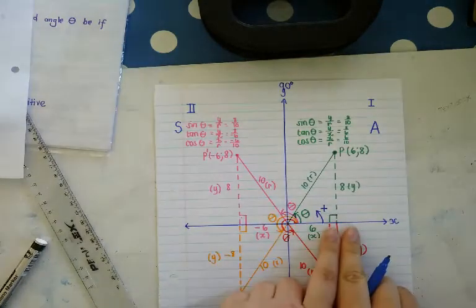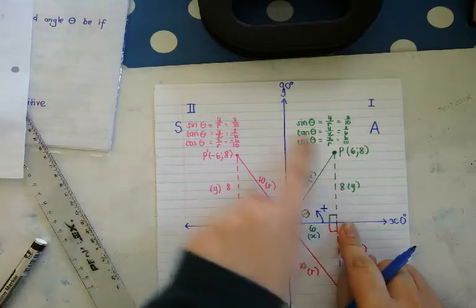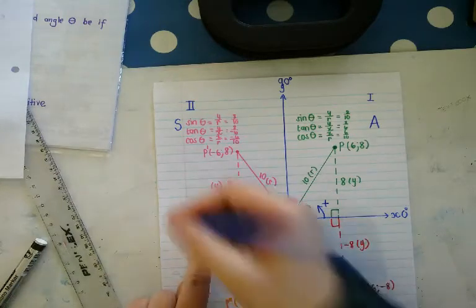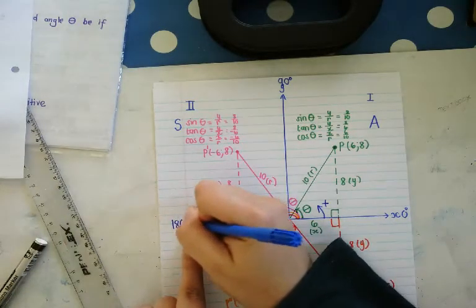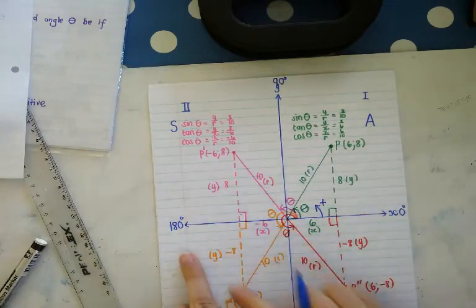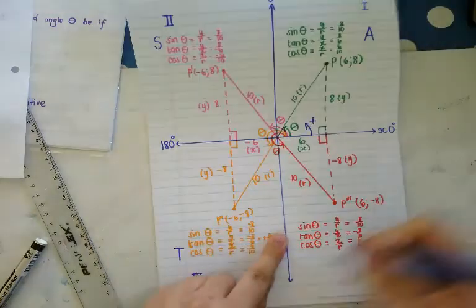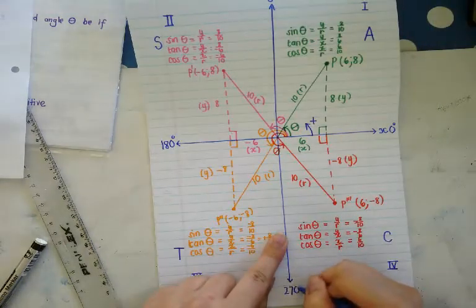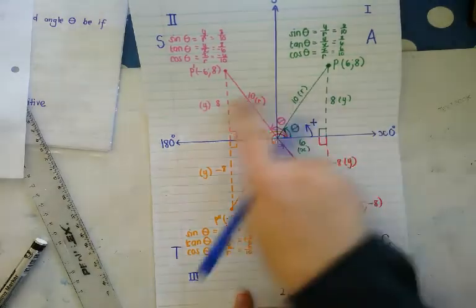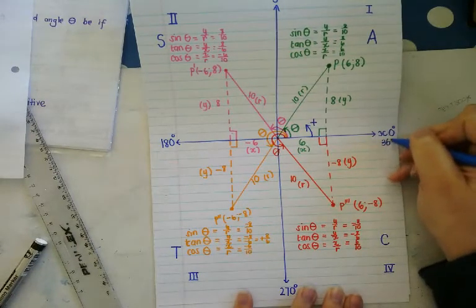If I move from my x-axis, which I'm assigning 0, and I move all the way around to the other side of my x-axis, how far have I moved? 180. From 0 all the way around to the vertical, 270. And if I had to go from 0 all the way around and touch 0 again, it would also be 360.